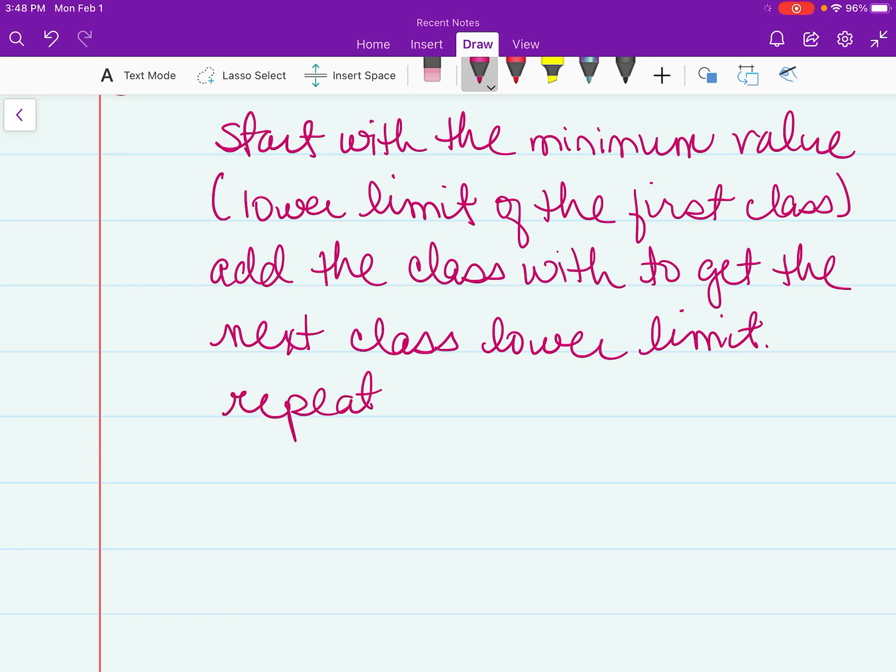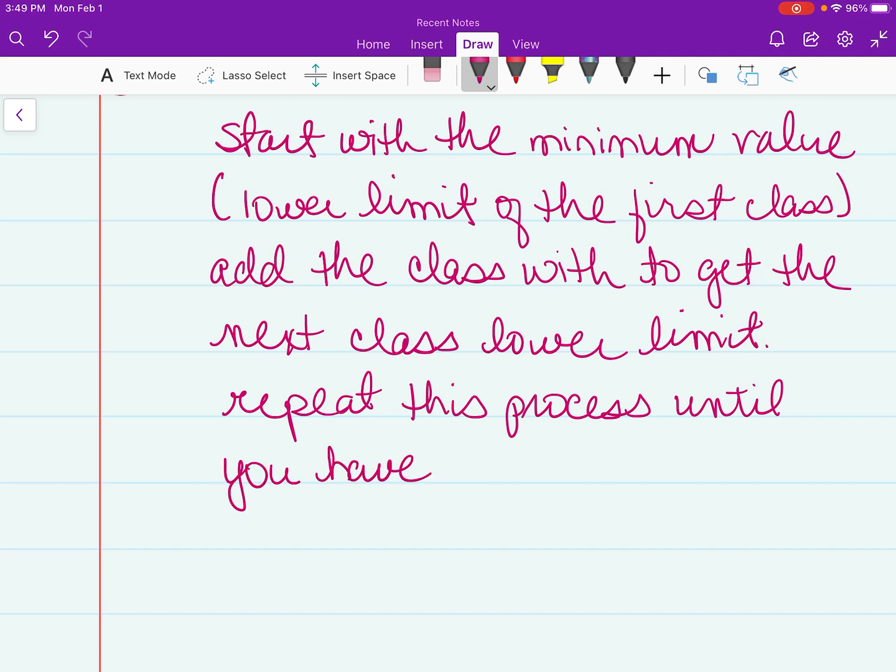You'll repeat this process until you have the number of classes specified.